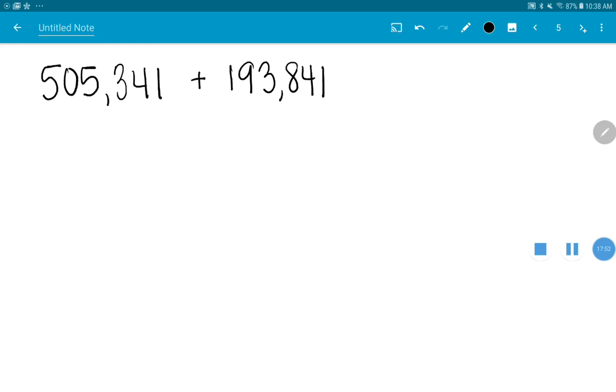All right, you have a problem written now: 505,341 plus 193,841. Without finding the exact answer, we can estimate. What do we use to estimate? Rounding, right?